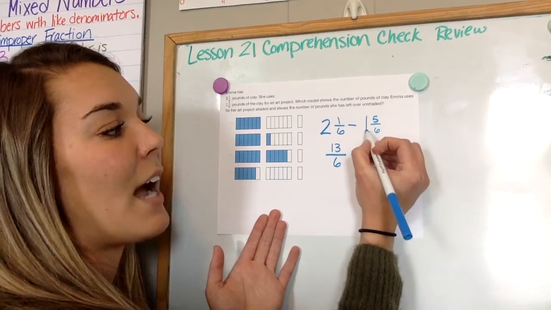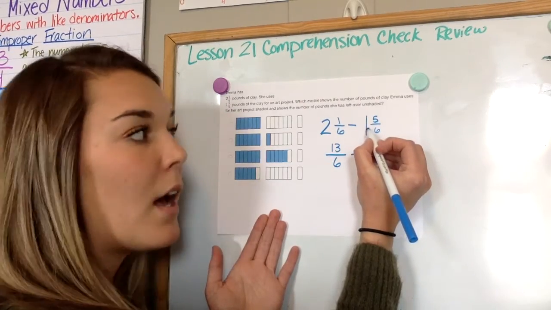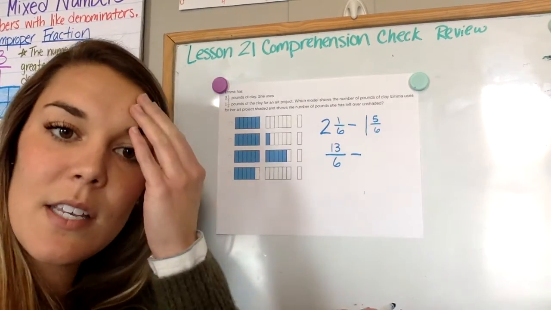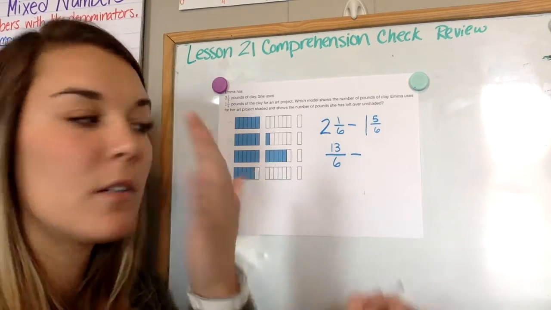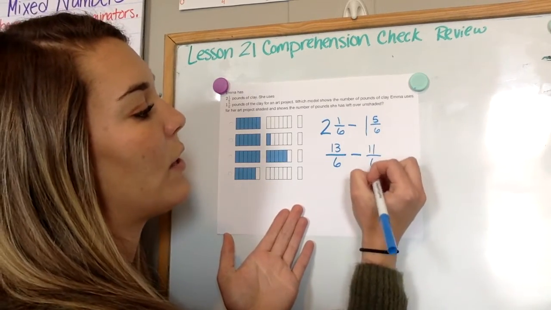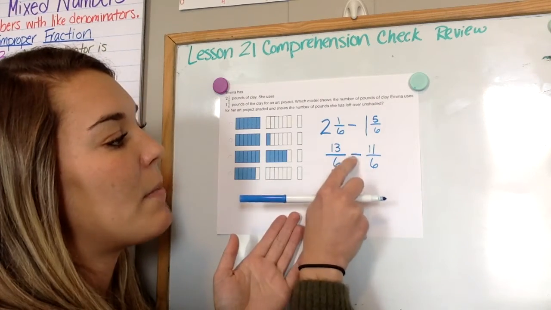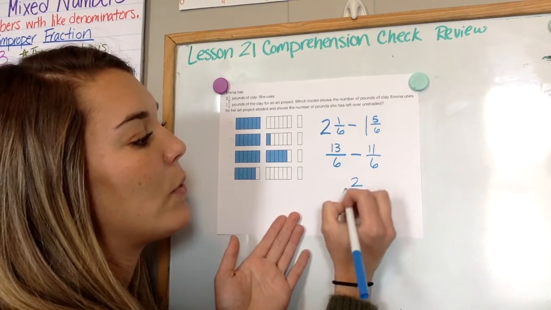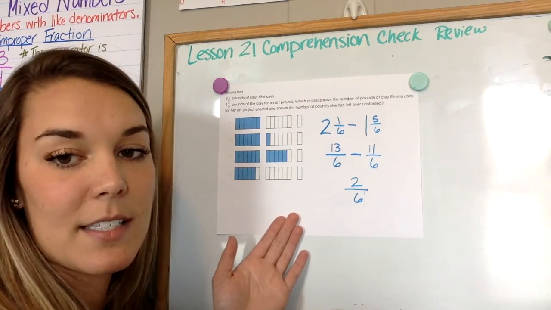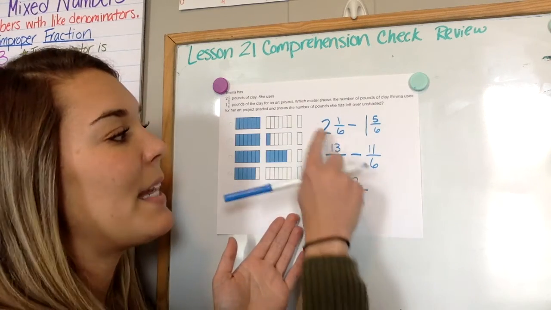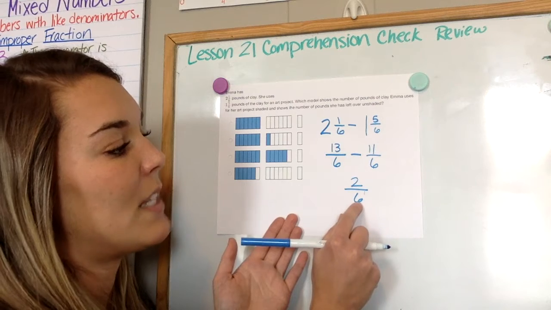Minus 6 times 1 is 6, plus 5 is 11. 11 over 6. Okay, now I'm ready to subtract. 13 minus 11 is 2. My denominator remains 6. Okay, so that means the difference is 2/6.